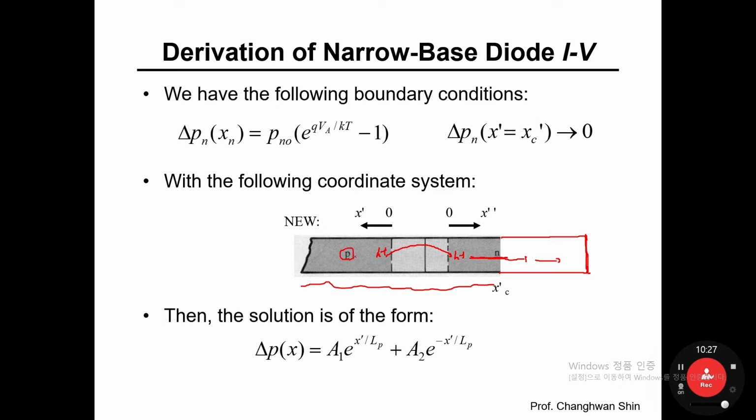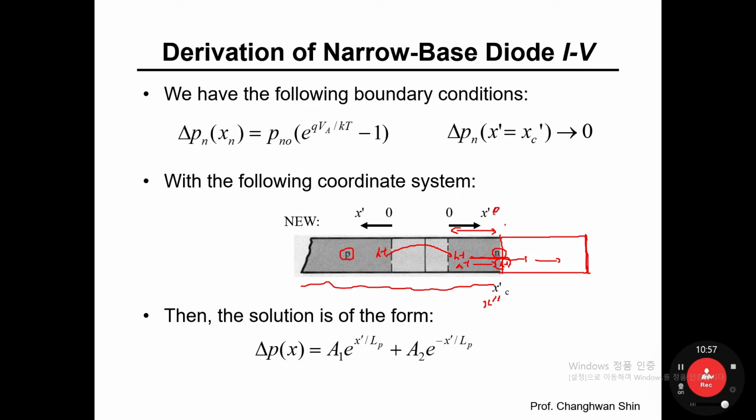You can see the left hand side p and the n in the middle. So the physical length of the n region becomes shortened a lot. So there is a possibility for injected holes to be alive at the edge of the n side, here at x prime of xc prime.